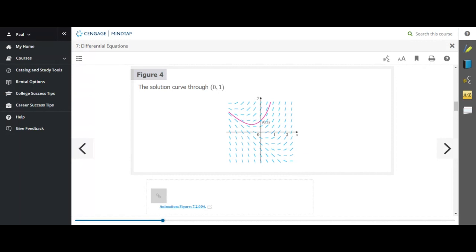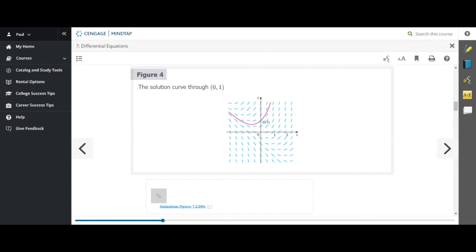Reality town goes against the current. But if you were to just let things go, you'd flow with the current, right? And you see how the solution curve flows with the tangent lines, doesn't go against them. The tangent lines are tangent to different points along the solution curve.